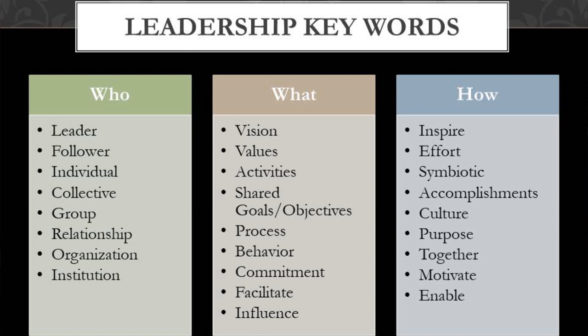Again, we talked about leadership being a process, but then also being behavior, some level of commitment, facilitating. If you go back and look at the old functions of management, we'll do that today a little bit, you'll see how those are not necessarily included here in the what, but there is some overlap that we'll talk to. And then, of course, influence, which was addressed in at least half of those definitions I think we looked at.